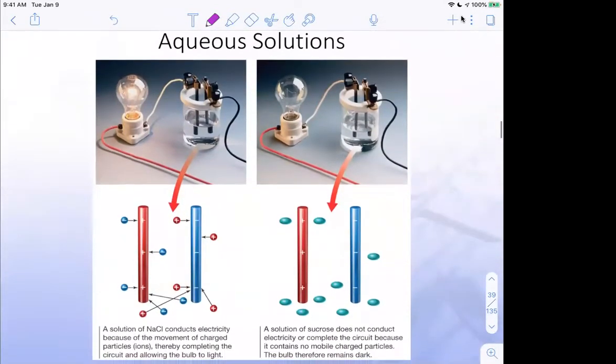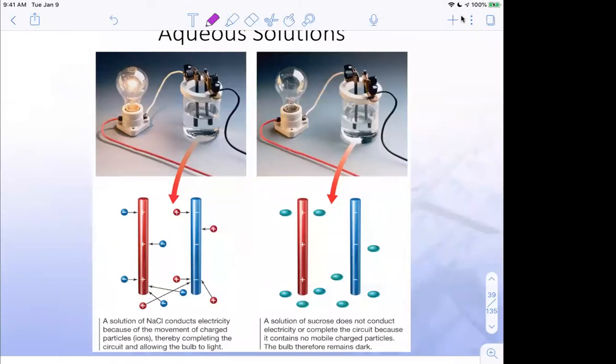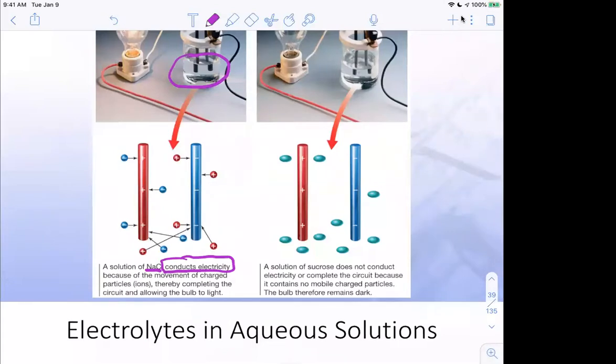When I look at conductivity, if I look at sodium chloride, this is the description here of this solution. Sodium chloride, when dissolved in water, will conduct electricity because of the movement of charged particles, my ions.